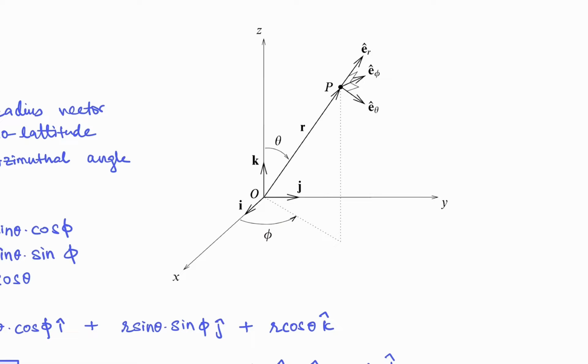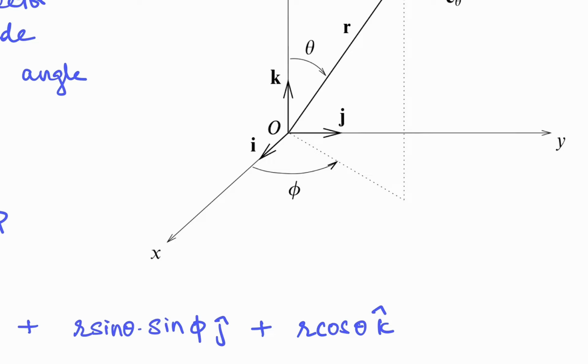So this line is r sine theta, and this x will be r sine theta cos phi.